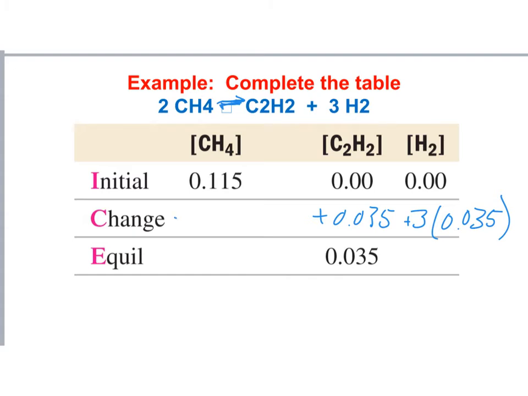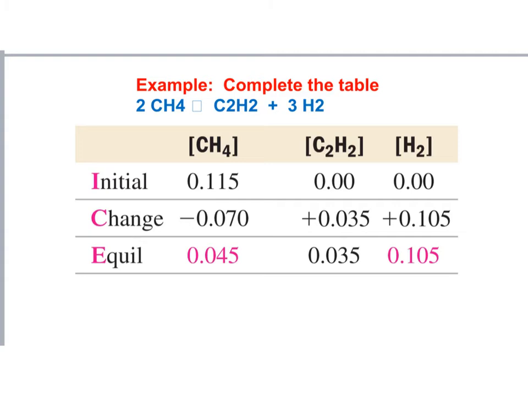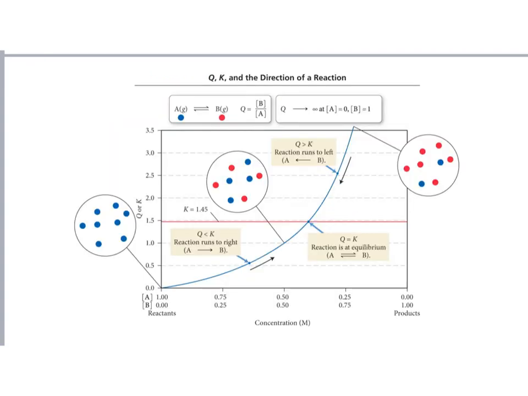And I know this is going to be minus 0.035. Sorry, I tried to add in that times 2 at the end there, but anyway, it is times 2 for the CH4 because of the 2 coefficient there. And so again, you get to these equilibrium conditions.